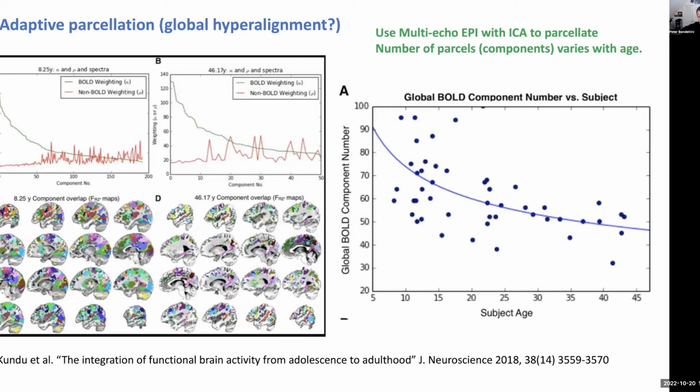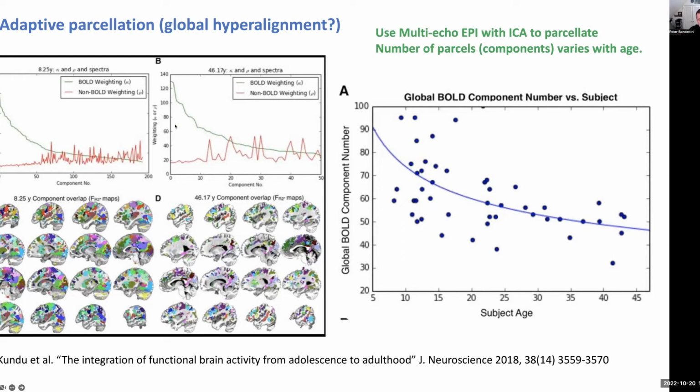It turns out that if we do independent component analysis with multi-echo, we can reorder the components such that there's a natural cutting off of where this curve reaches into the noise. And it's a nice way of selecting components, which are aligned very much with the parcels. You almost use them interchangeably.